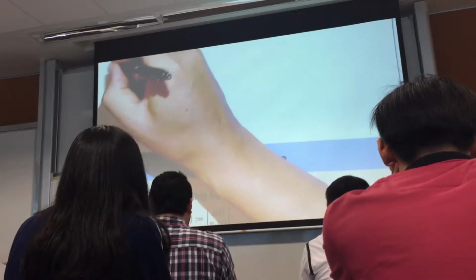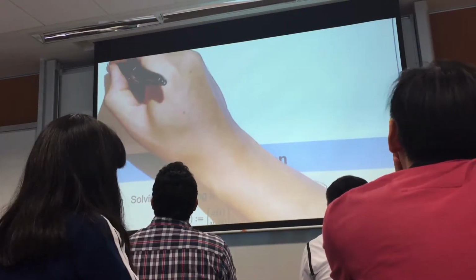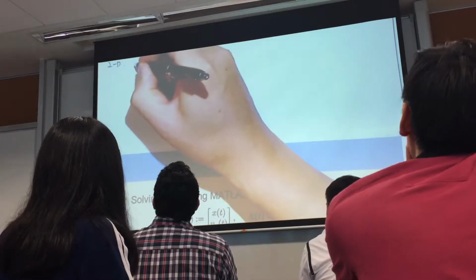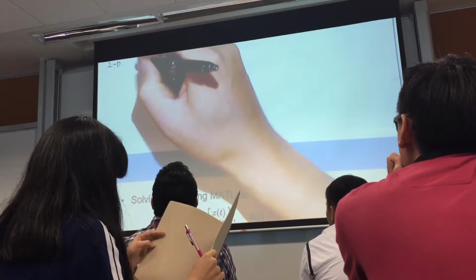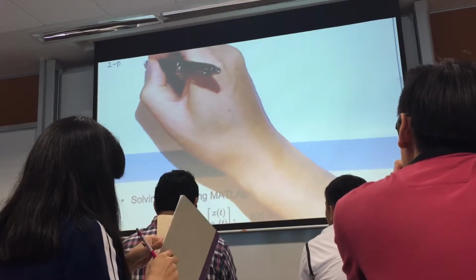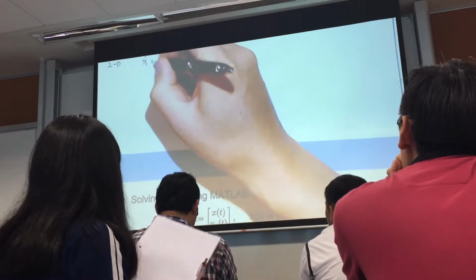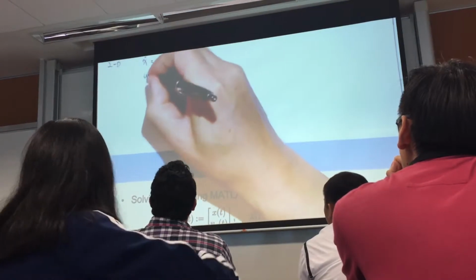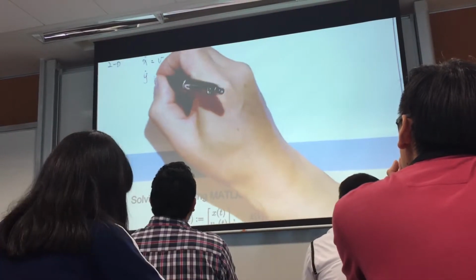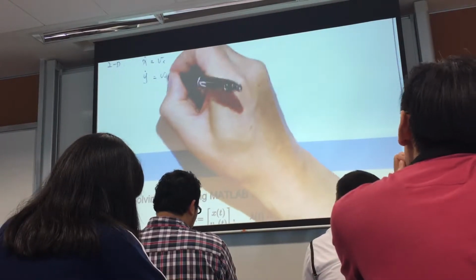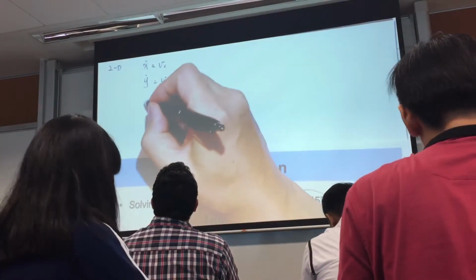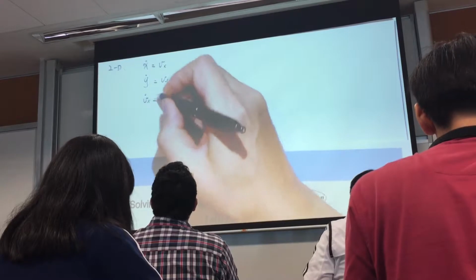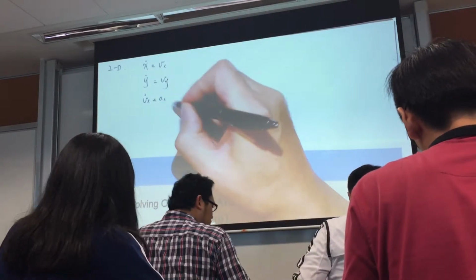So for the 2D problem, for the 2D differential equation, or for the 2D potential function method, we define x dot equal to Vx and y dot equal to Vy, and Vx dot equal to the Ax.